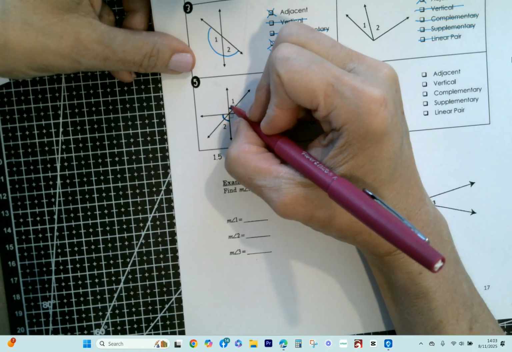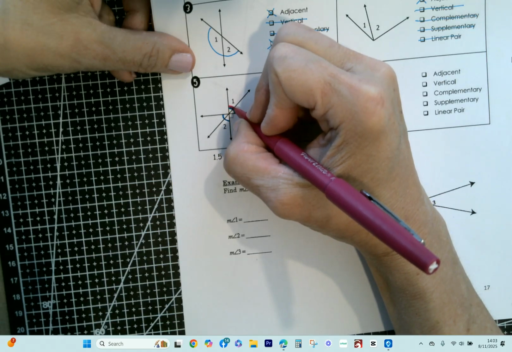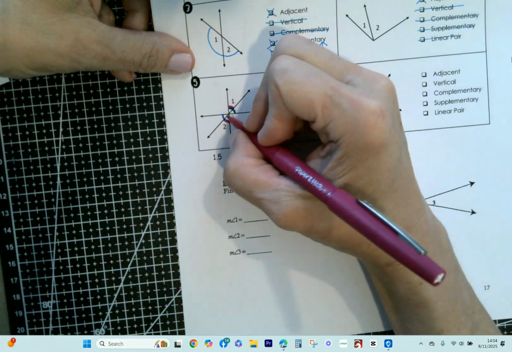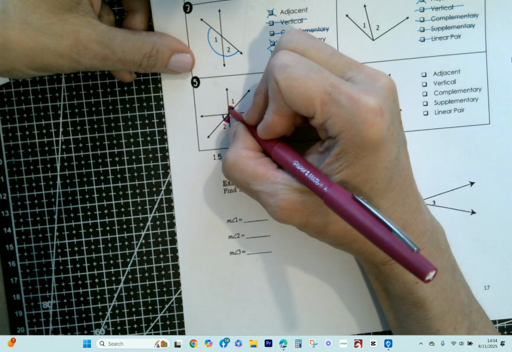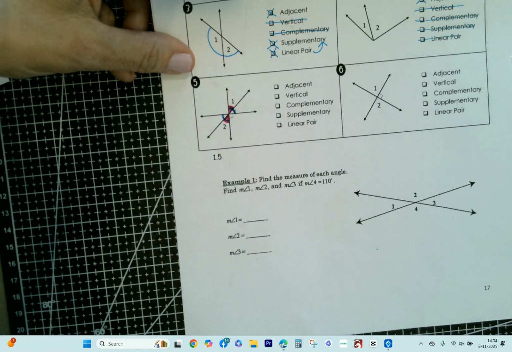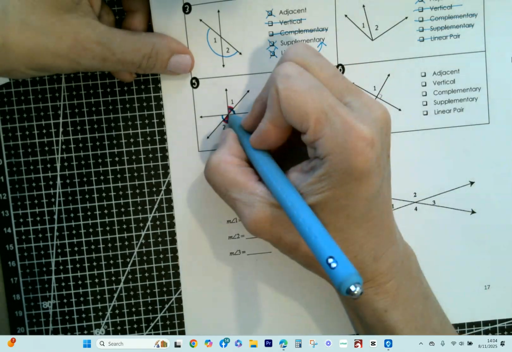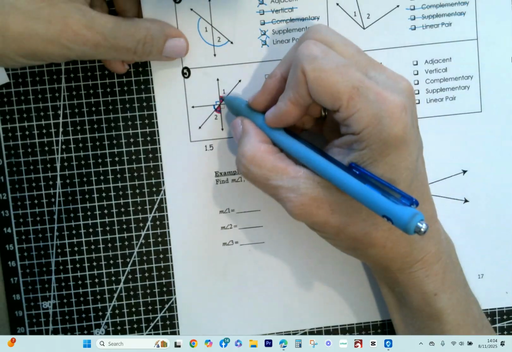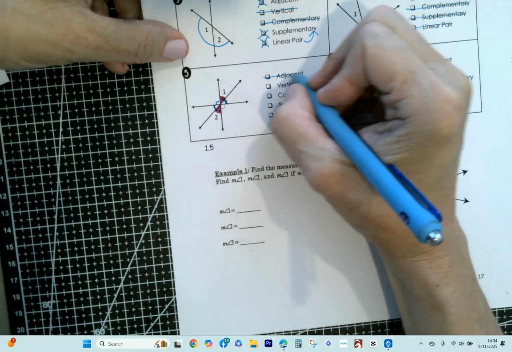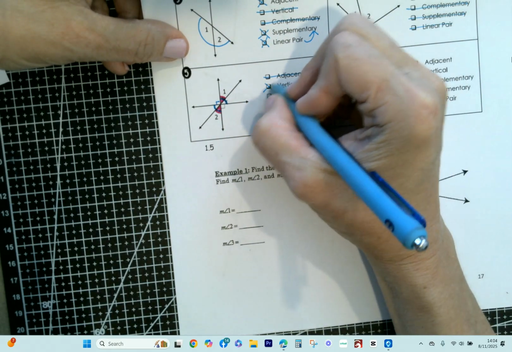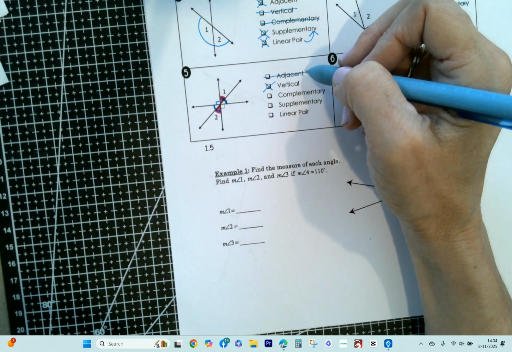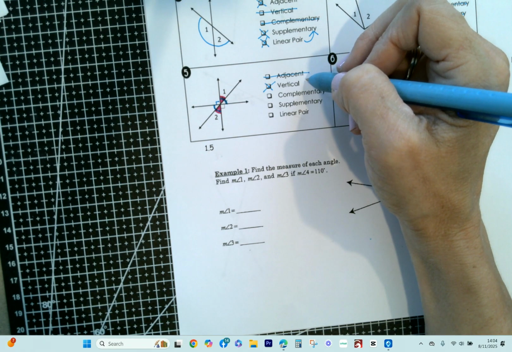And then angle 1 and angle 2, those would be the same, this little pie wedge right here. If that's 90, then that's automatically 90 there. So angle 1 and angle 2, they're not adjacent, but they are vertical. Remember, adjacent and vertical, it's an either or situation.